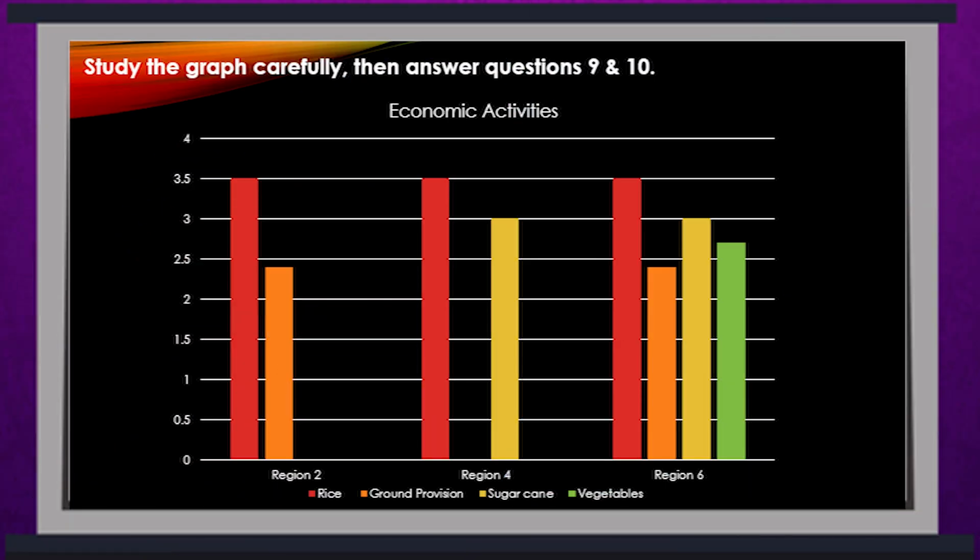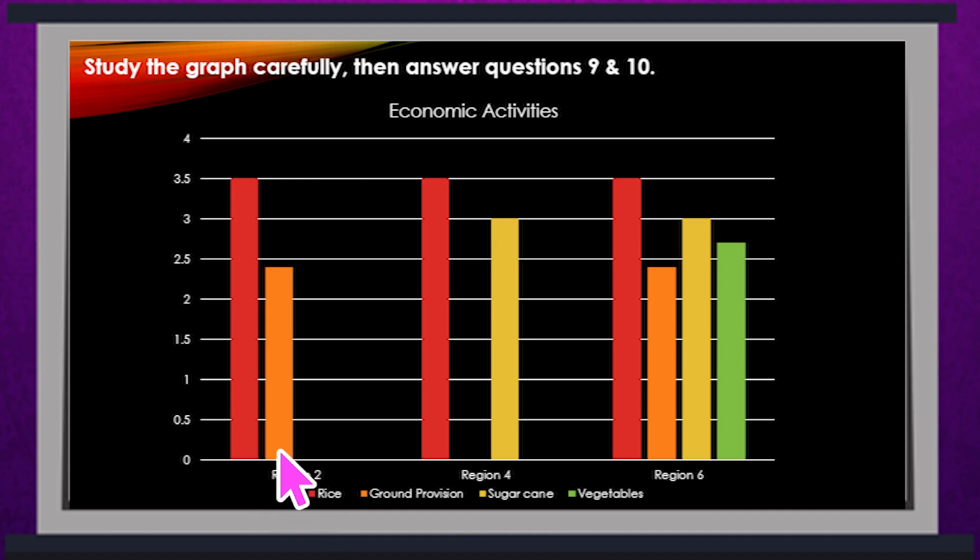Study the graph carefully, then answer questions 9 and 10. The title of the graph is Economic Activities, and there are 3 regions, Region 2, Region 4, and Region 6. The data that is provided tells us that the block that is red in color represents rice.